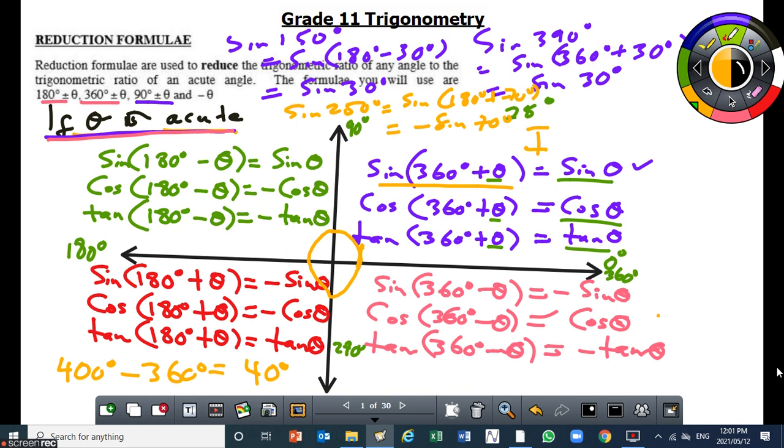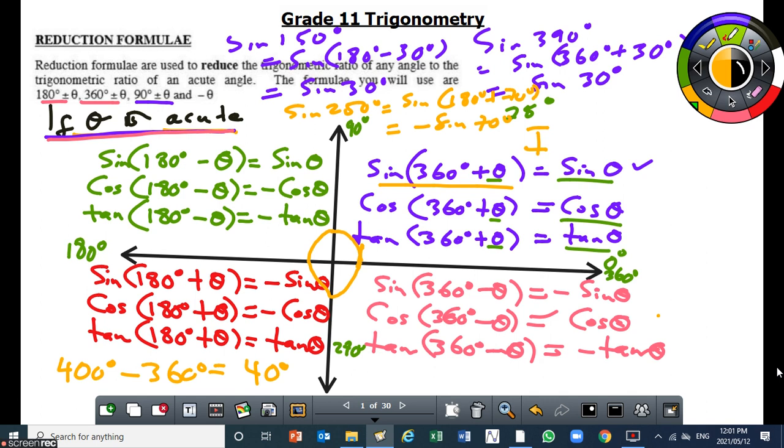Here, the idea behind the reduction formula is to write any trigonometric ratio which is more than 90 using an angle which is less than 90. So in this 400 there is a 360. Agree with me? Because 360 is one revolution.